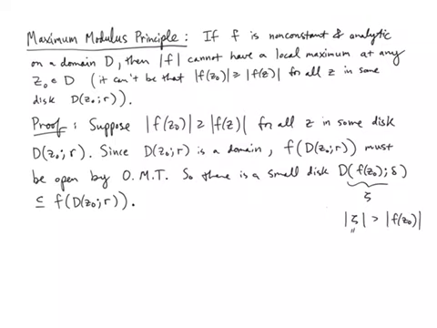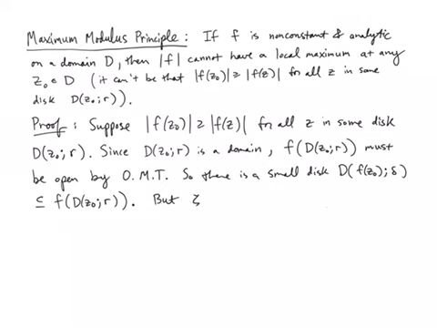But zeta is supposed to be f of some z within this disk, and that contradicts the given inequality. So that's the basic point there. To make that precise, to get points further away from the origin than f of z naught in this disk, just go a distance of, say, delta over 2 further out in the direction determined by f of z naught.